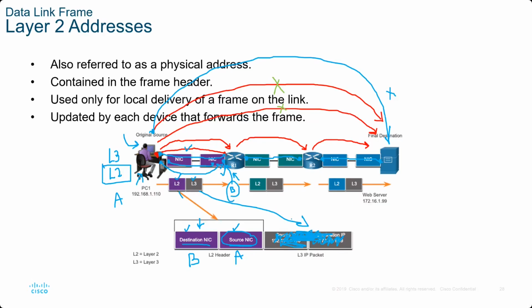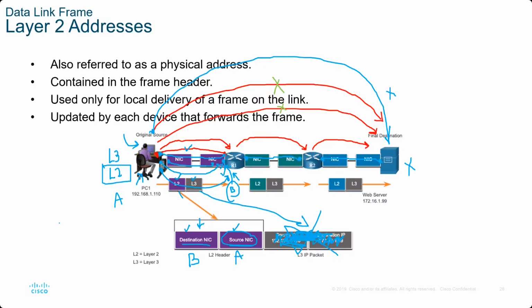It doesn't care about anything else, nothing. And this frame doesn't have any information about this computer at all because it doesn't care. Because the responsibility of a data link layer is just to get this frame from here to the next hop, from one NIC to another NIC, nothing else.